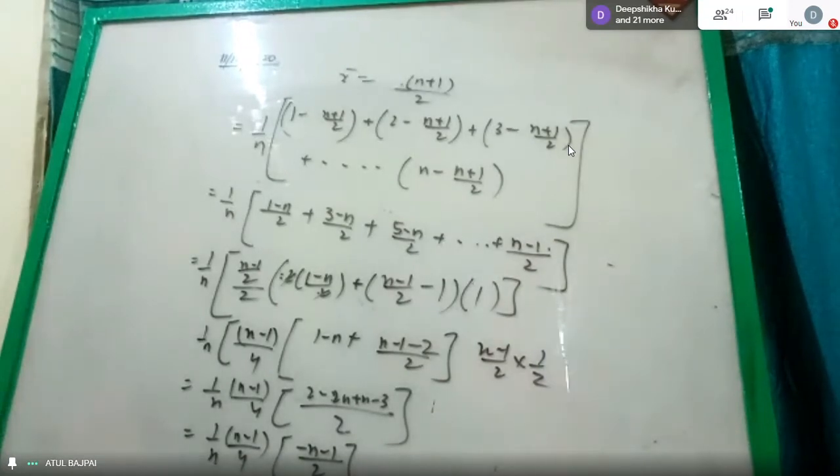Check. So finally it is coming n minus 1, n minus 1 minus n upon 2 into 8n.